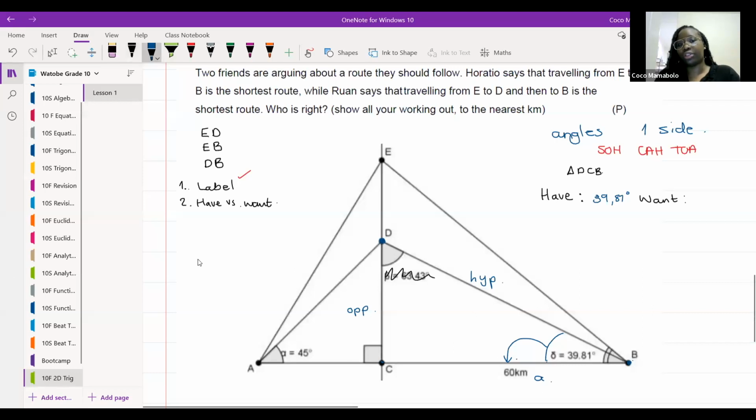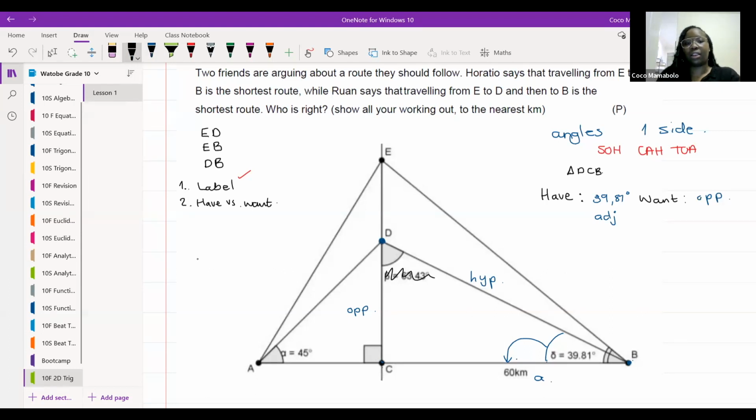Good. So I'm going to use 39,81 and the adjacent side. What do we want? We want the opposite side, so DC. Good. All right. Okay. So we want DC, the opposite side.